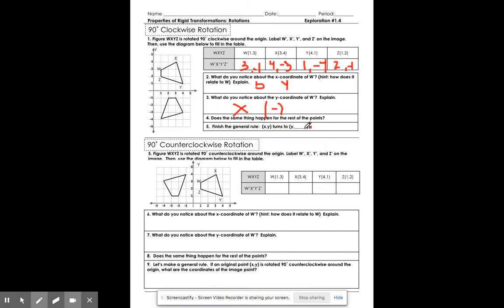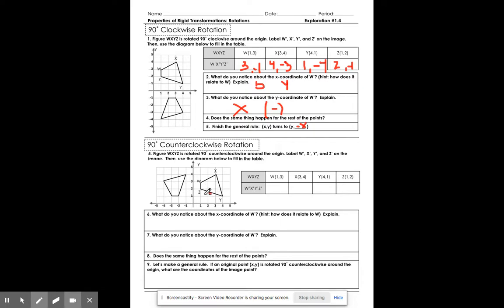The same thing happened for the rest of the points, and the answer is yes. So our rule for this is our Y, and then our X will become a negative X.